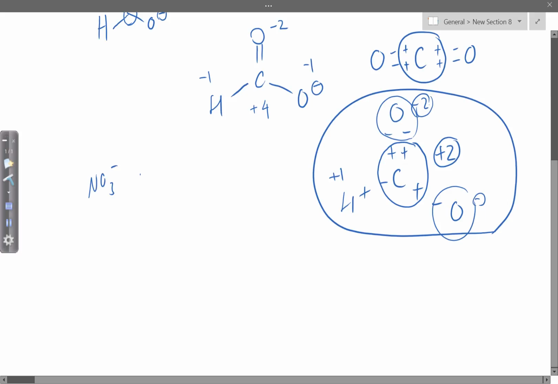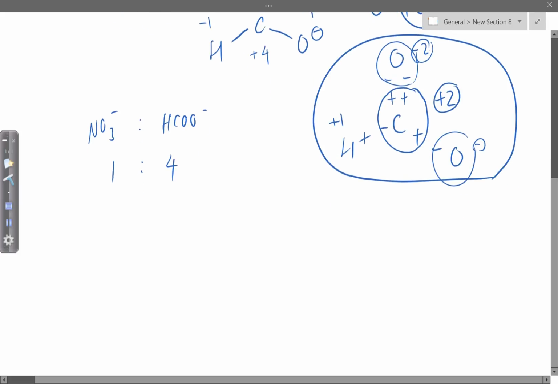NO3 minus to methanoate, HCOO minus, the ratio is 1:4. Correct? So now the number of electrons from HCOO minus must be 8 electrons, right?